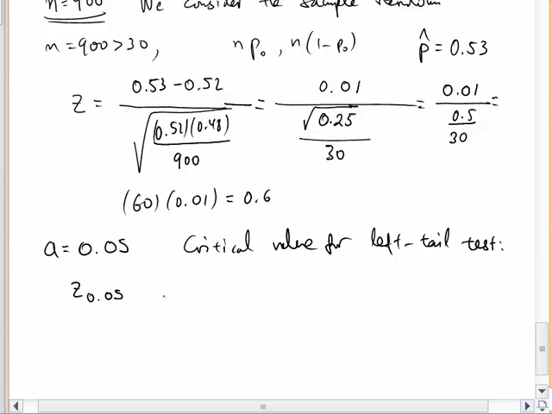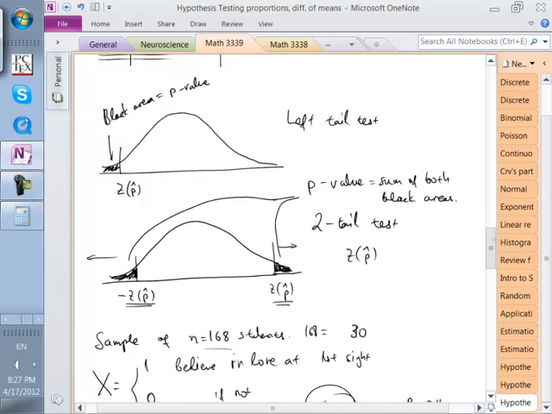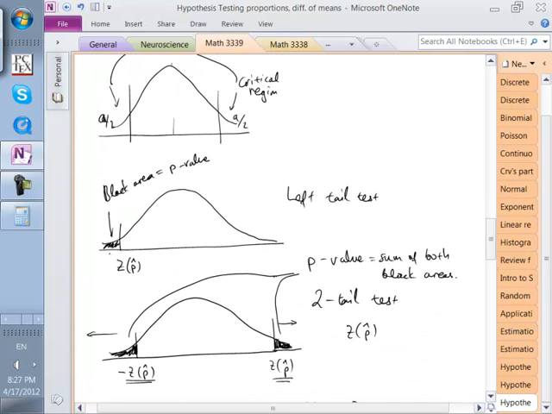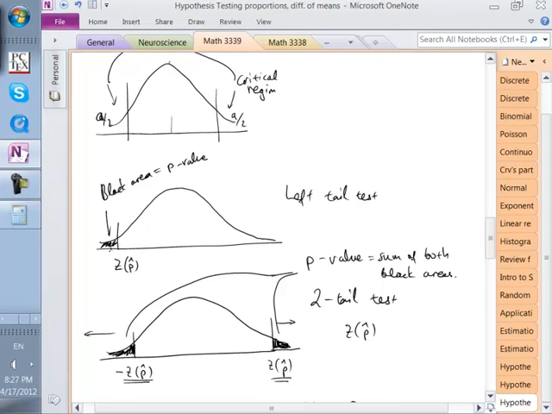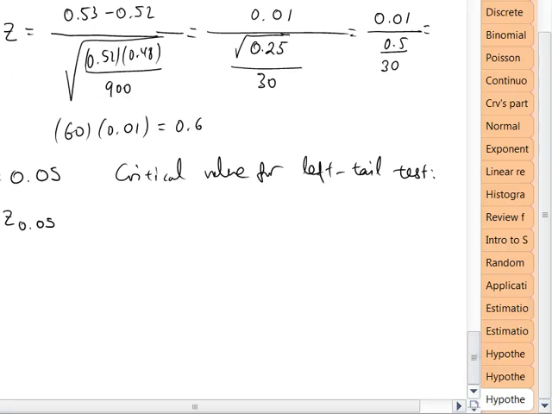We need to cut from the left an area which is equal to alpha. So that value is equal to negative 1.645.